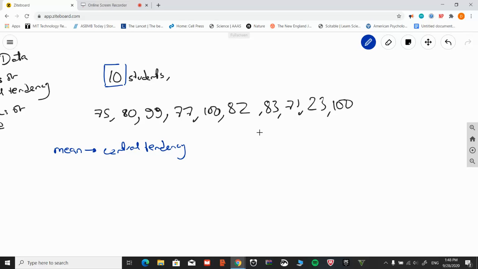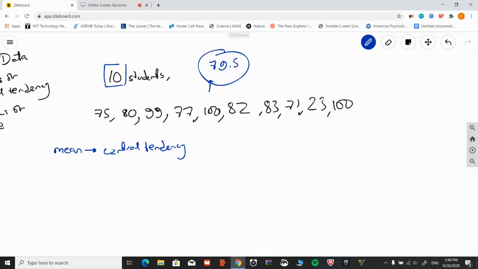All right. So let's say we go ahead and calculate the average or mean, and I'll show you the formula in a bit. And let's say we got a particular value, something around 79.5. So when I look at this and I look at a student who scored something around 75, I would basically say the person did not really do that badly compared to the class.